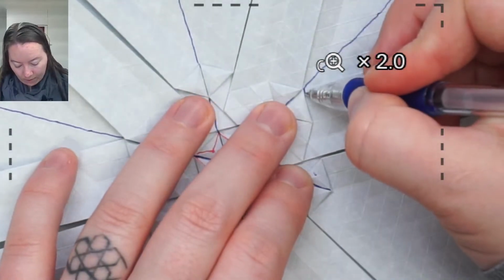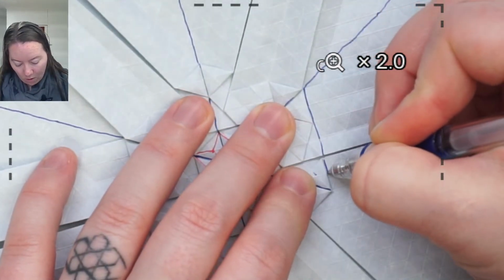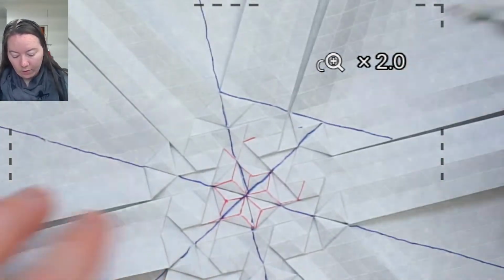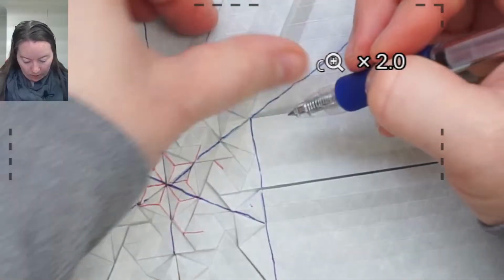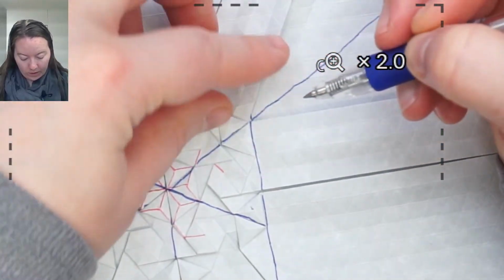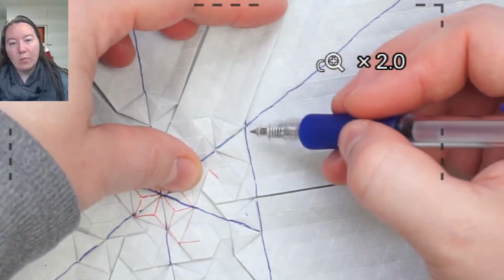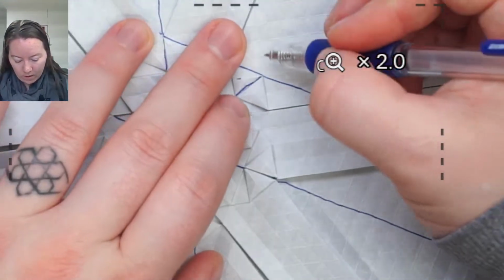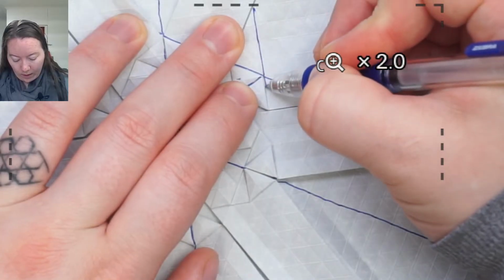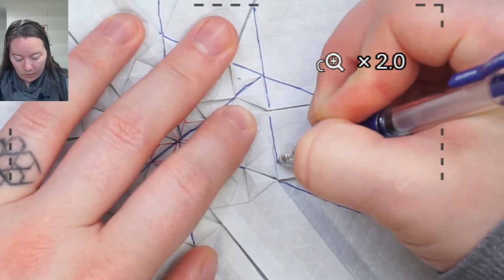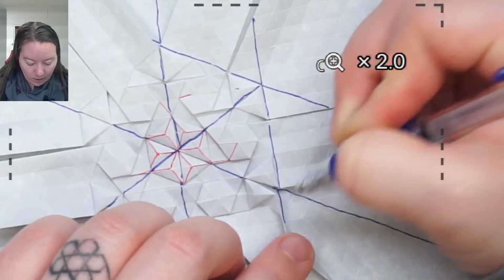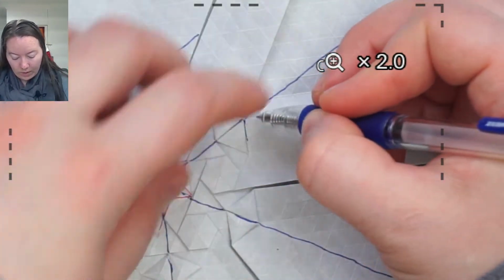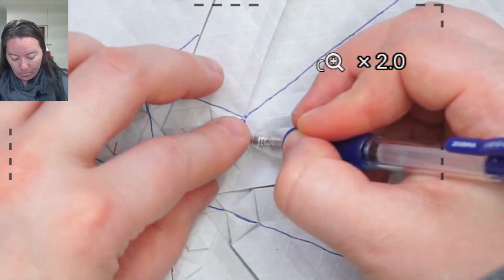We also have these mirror symmetry lines on the 3rd boundary of these triangles, and these I'm not drawing quite as far out because I'm running into pleats that are not perpendicular to the mirror symmetry lines, and I only continue drawing the mirror symmetry lines in uninterrupted spaces and across perpendicular pleats.